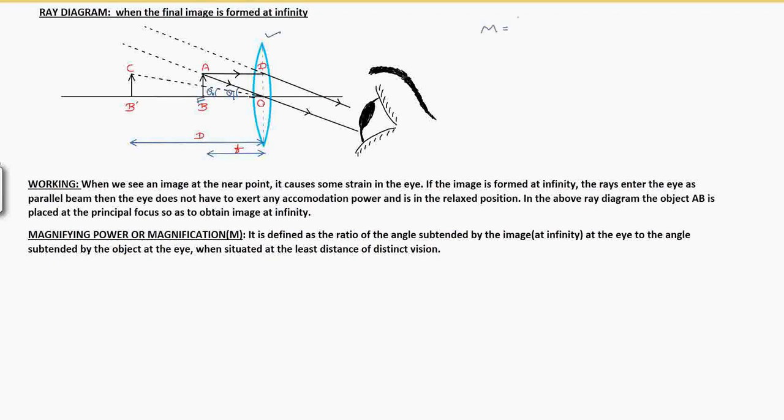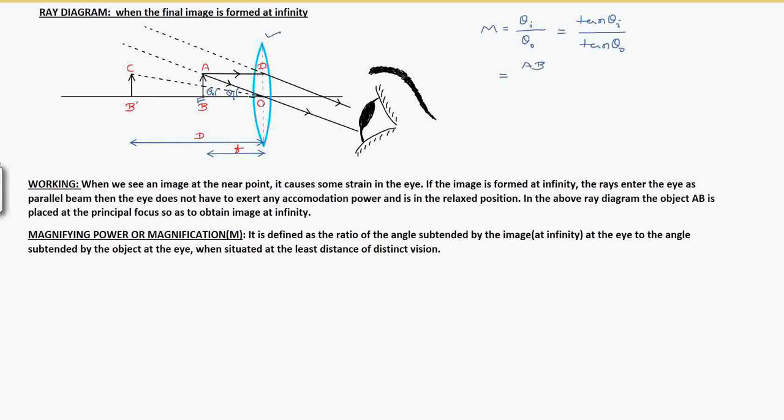M is equal to theta I divided by theta O. Now this can be written as tan theta I divided by tan theta O. Now let us put the value of tan theta I. So this is equal to AB.